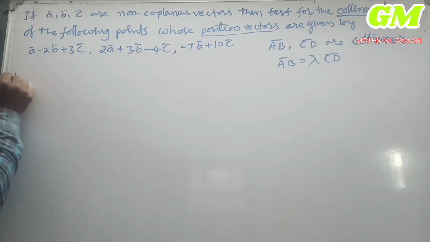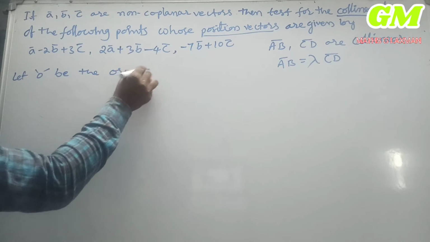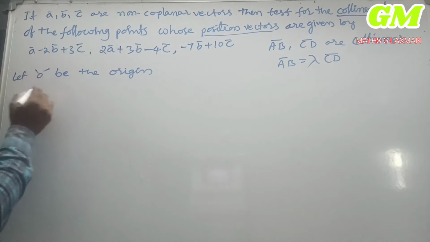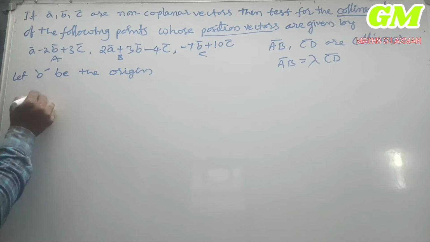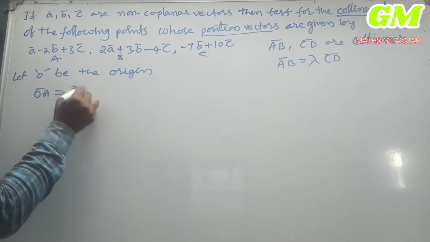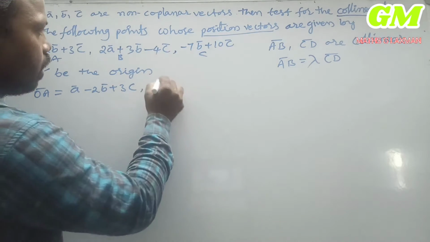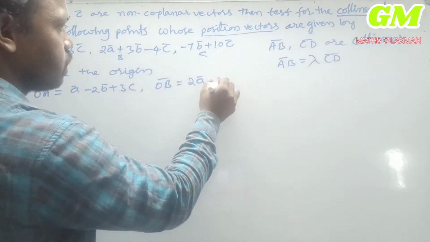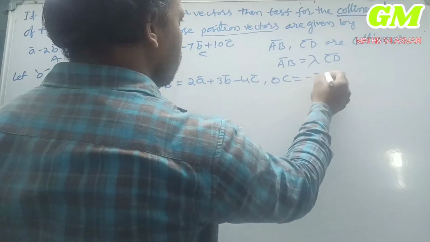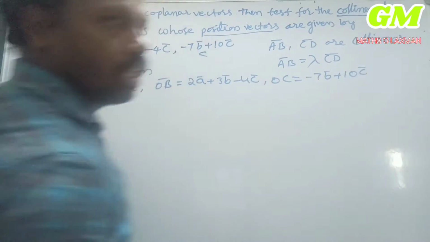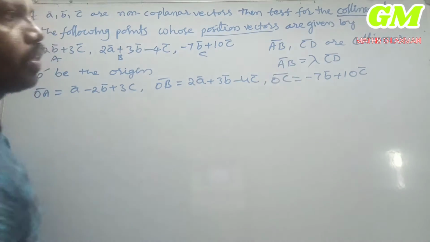Position vectors are nothing but, let O be the origin, and these are the given points A, B and C. So OA is a minus 2b plus 3c, then OB is 2a plus 3b minus 4c, and OC is minus 7b plus 10c. So these are called position vectors.